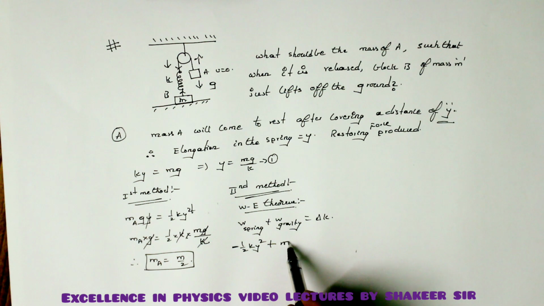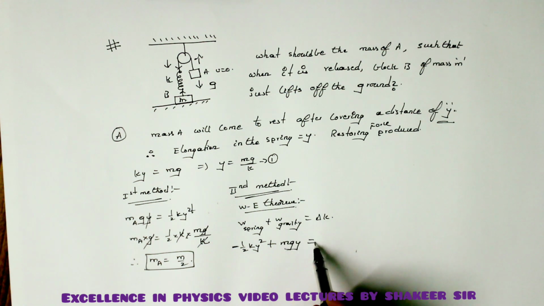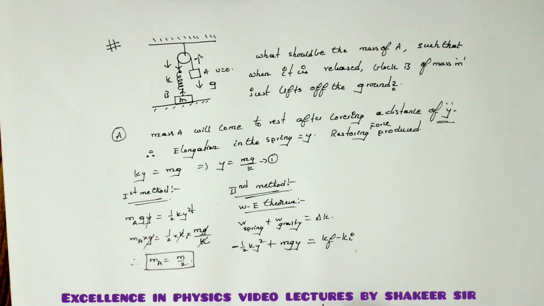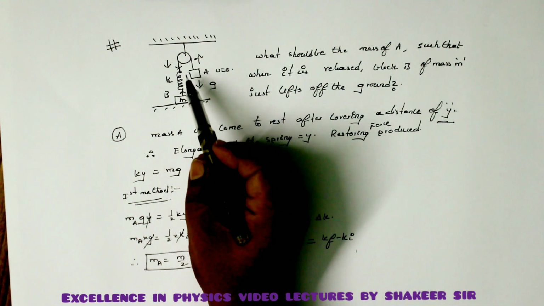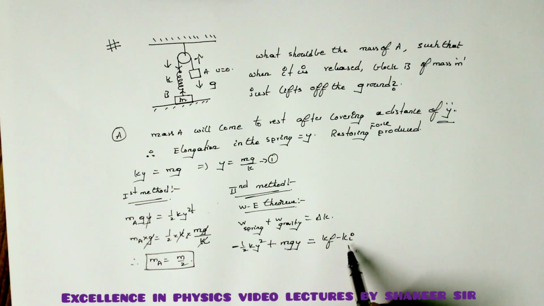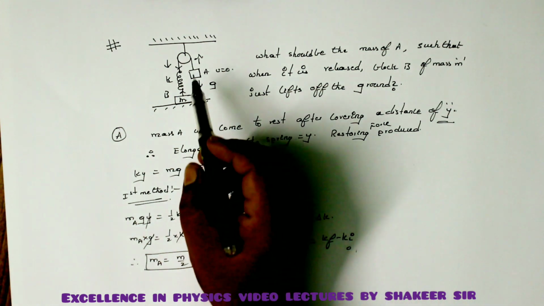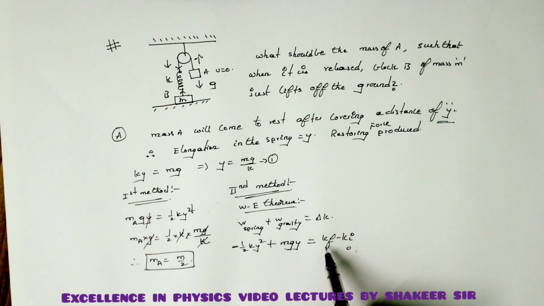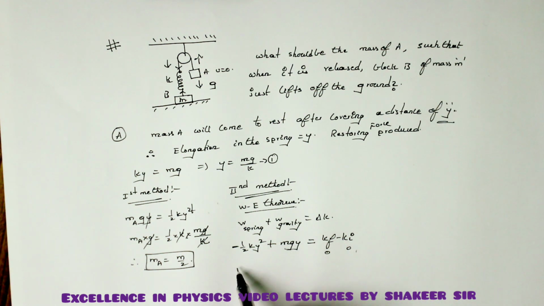That I can write as m_A g into y should be equal to delta K, K final minus K initial. Previously all the bodies were in rest position, so initial kinetic energy was 0, and finally after coming down a distance of y the body will also stop, so its final kinetic energy also will be 0. So again we got the same equation here.